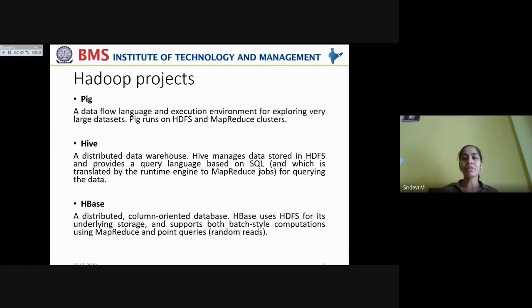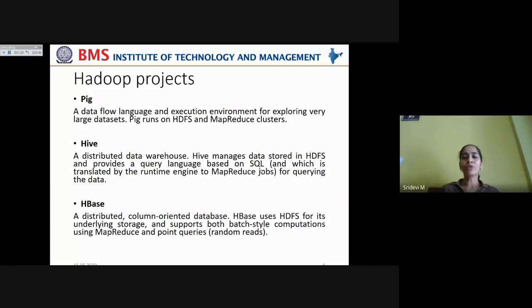These Hive queries are translated into MapReduce jobs at the backend by the runtime engine, and then these jobs are run on various data nodes in order to actually extract the answers or responses for the queries you have posed to the data set.